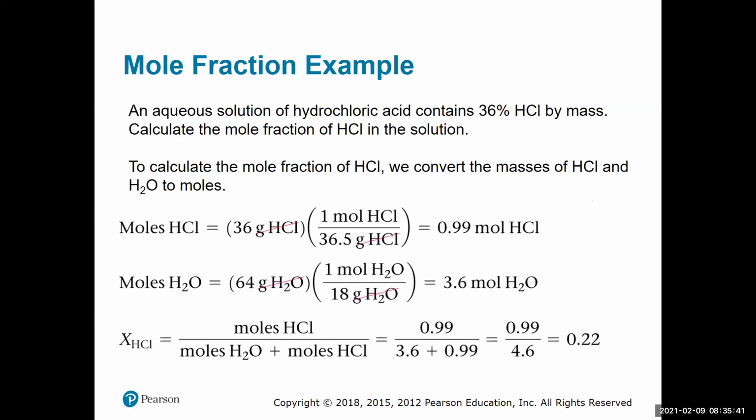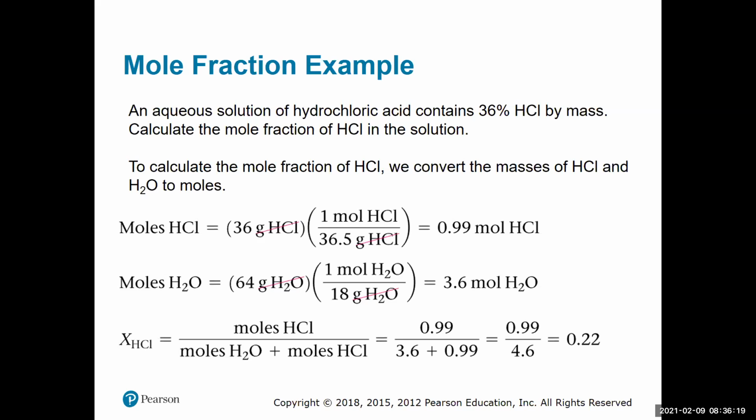of this. In this case, we're told that we have 36% HCl by mass, and we want to calculate the mole fraction of HCl in solution. To do that, we would want to change our mass of HCl into moles. And remember, when we have a percentage like that, we can assume for the purpose of the calculation that that's 36 grams of HCl per 100 grams total.